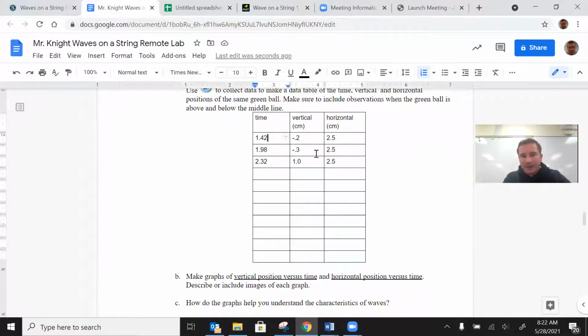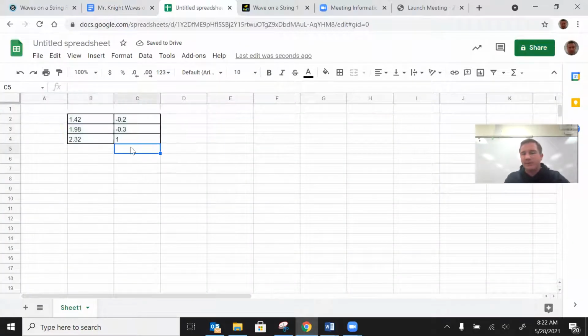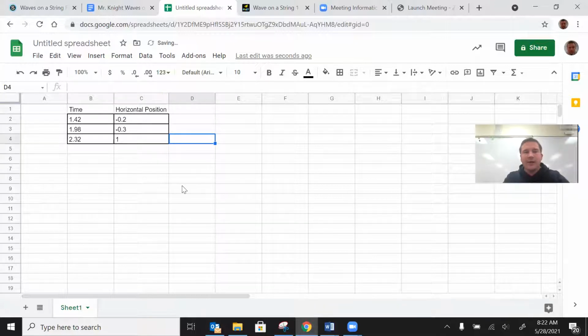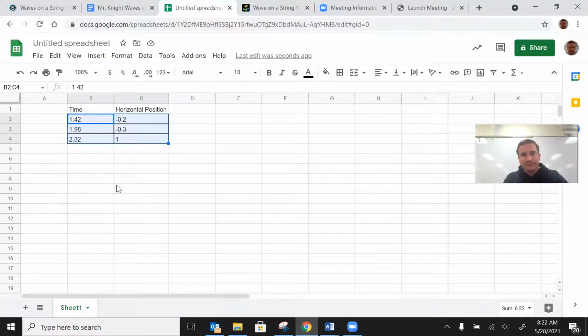So I'm going to copy these and insert them into my spreadsheet. There we go, right? I've got my time and I've got horizontal position. So to make a graph of this, right, I would highlight it, go to insert, chart.